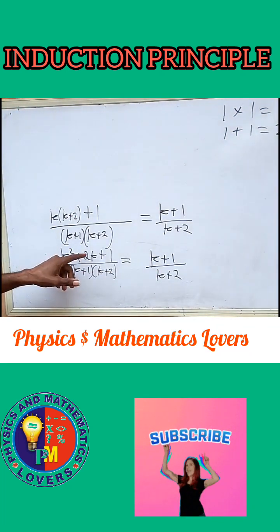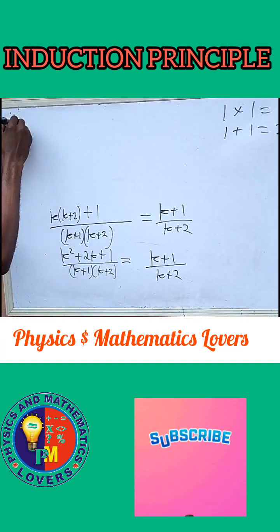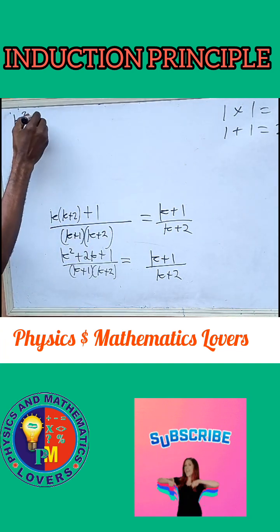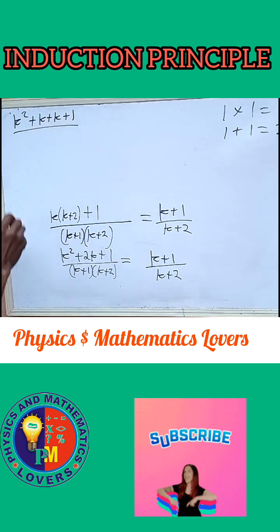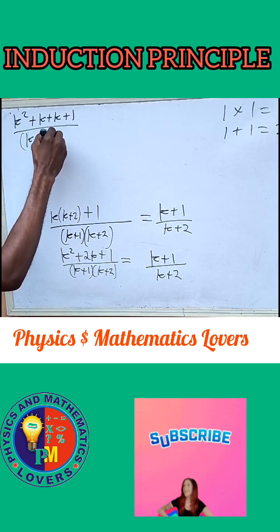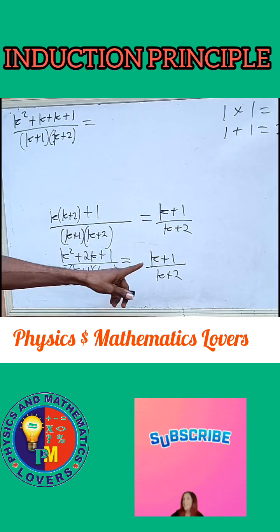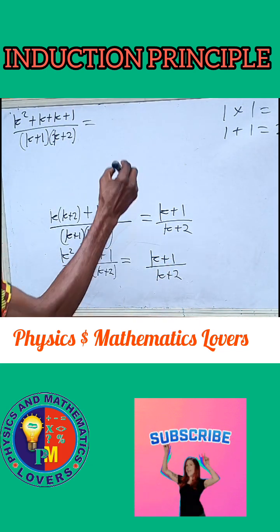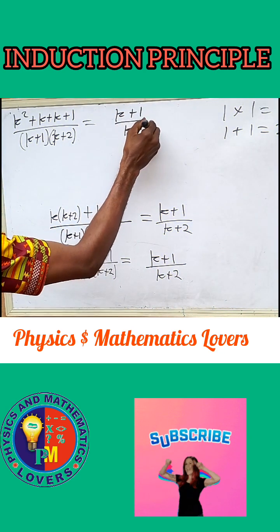In place of this 2K, we are going to replace it with K plus K. So which means we are going to have K squared plus K plus K plus 1 all over K plus 1 times K plus 2, equal to, now bring your right hand side down, K plus 1 all over K plus 2.